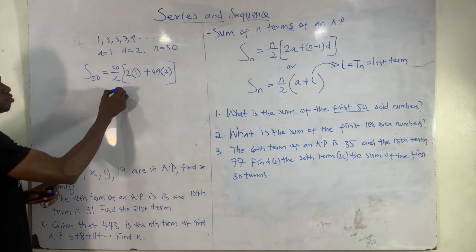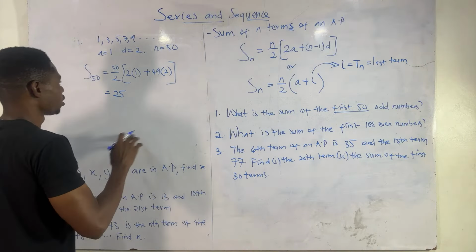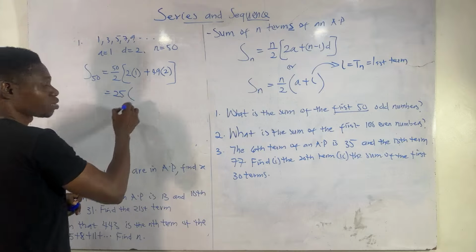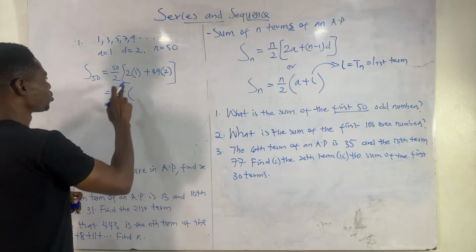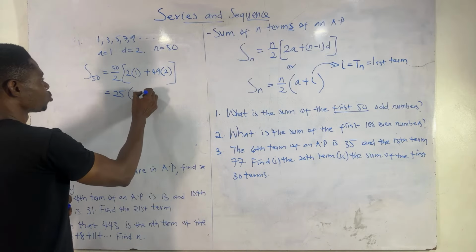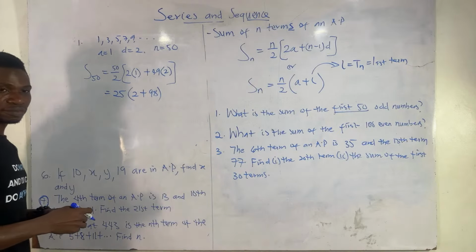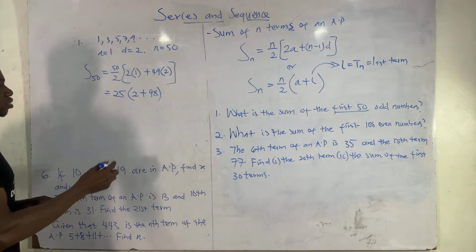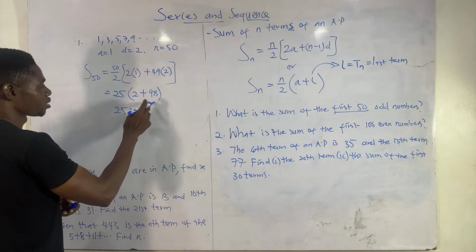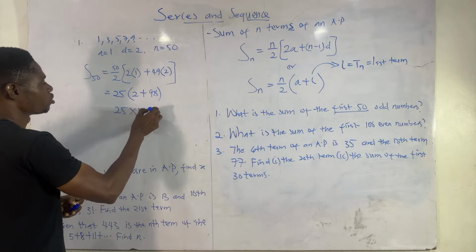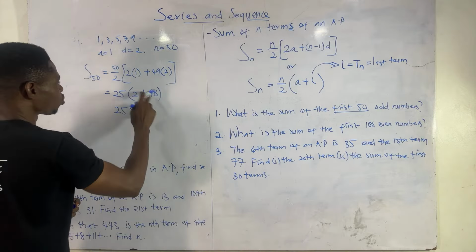So we'll have 25 multiplied by, here is 2 times 1 is 2 plus 49 times 2, that's 98. So we'll have 25 multiplied by 100, since 2 plus 98 is 100.